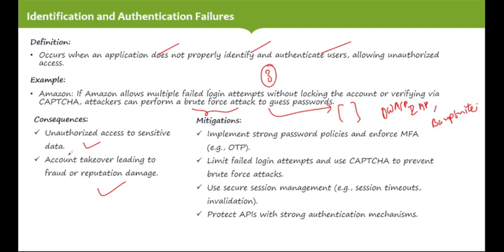Let's say account takeover, like if a hacker tries to access another person's account, and if that gets notified anywhere on the internet, it will definitely damage Amazon. The customers will lose trust in the application. These are the consequences of this vulnerability.